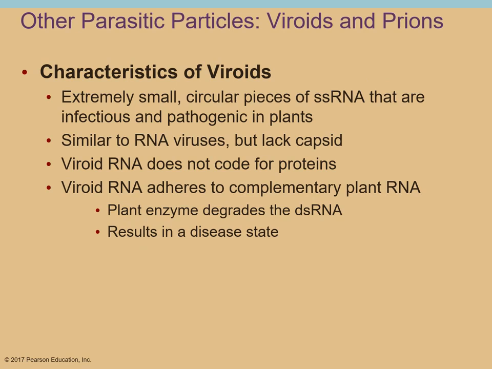So we're going to spend the last little bit discussing some other things. Viroids, these are very small little circular pieces of single-stranded RNA that are infectious. Now these are pathogenic to plants, so obviously are of concern to agriculture. They are not pathogenic to humans, so you're not going to have to deal with it in the health career fields.